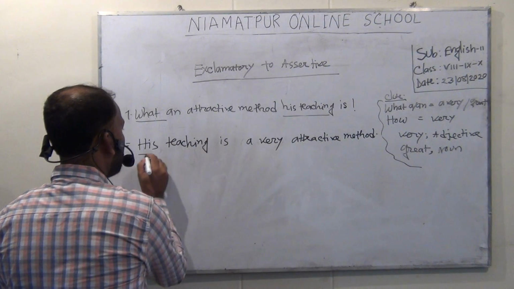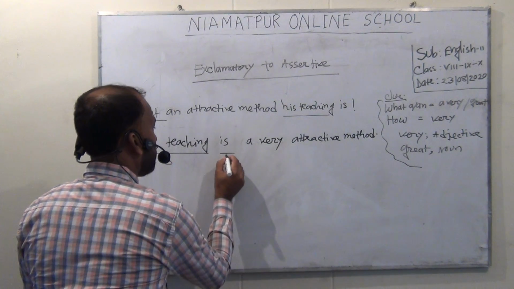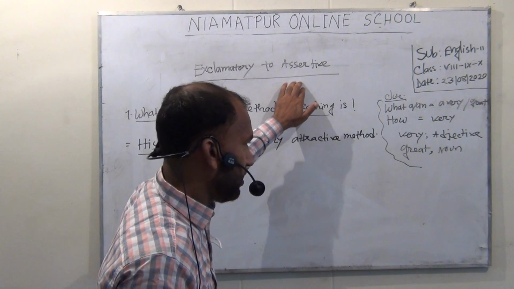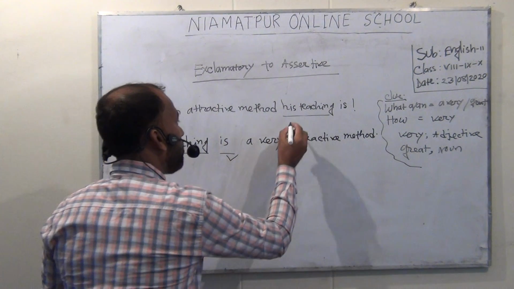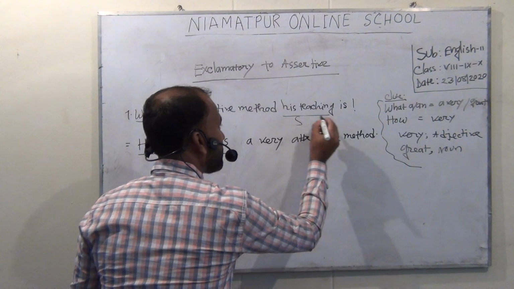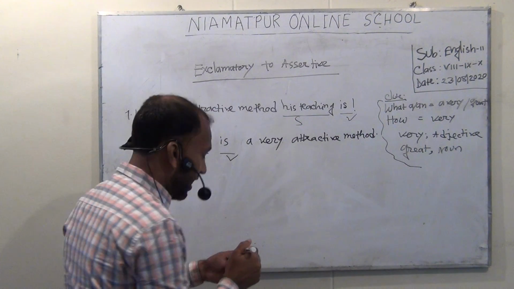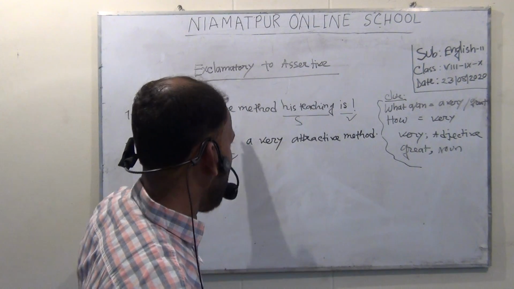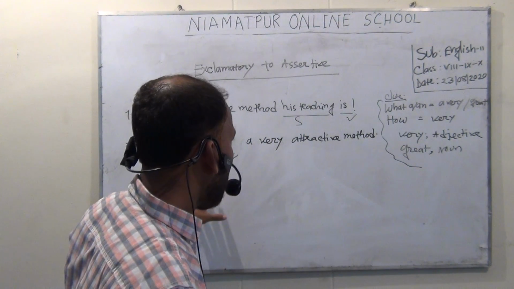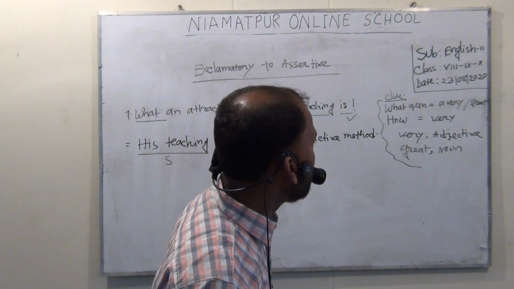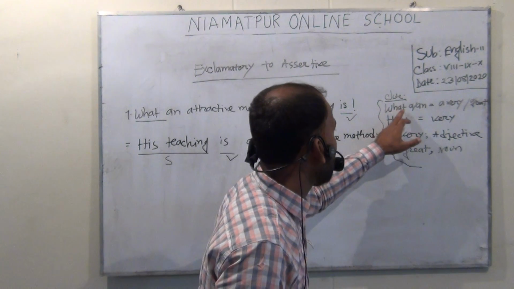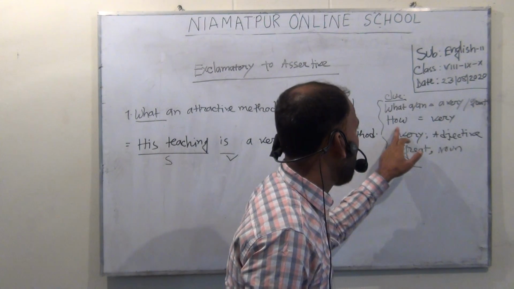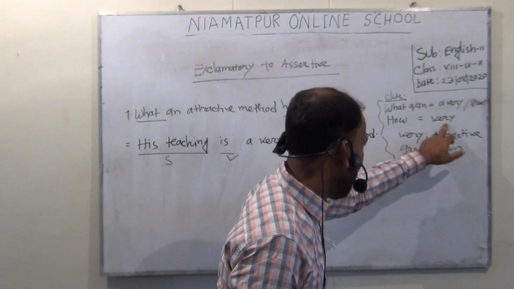You see subject and verb come at first to make an assertive sentence. On the other hand, as you have already guessed, subject and verb at the end of the sentence make an exclamatory sentence. So now you can notice well and carefully: what a or an, a very or a great, and how equals very.